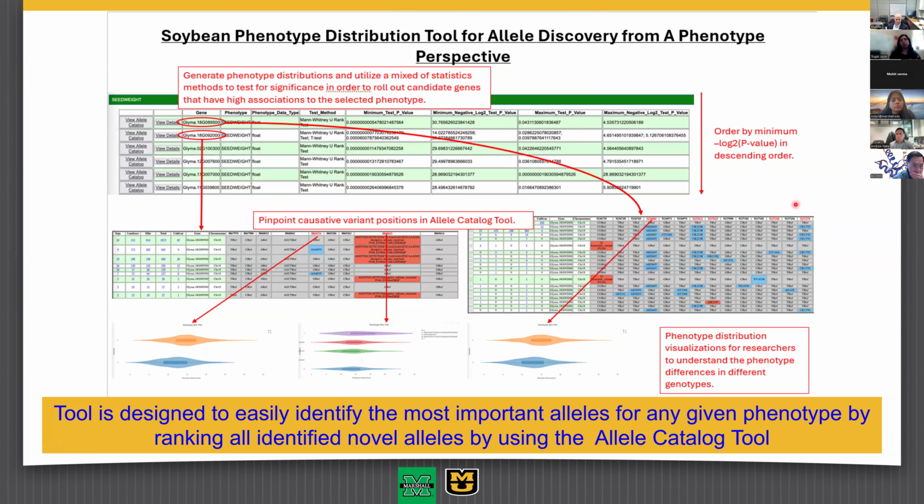Now, we did add a third one because when our collaborators are interested, they are not only interested in working with one phenotype, right, like yield, but they also want to work with a second or a third phenotype, like at the same time drought resistance or maybe increased protein, something like that.